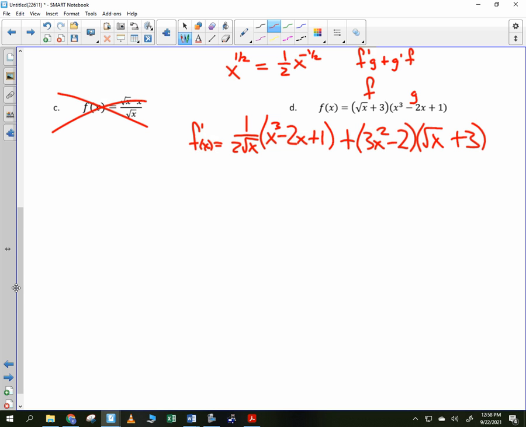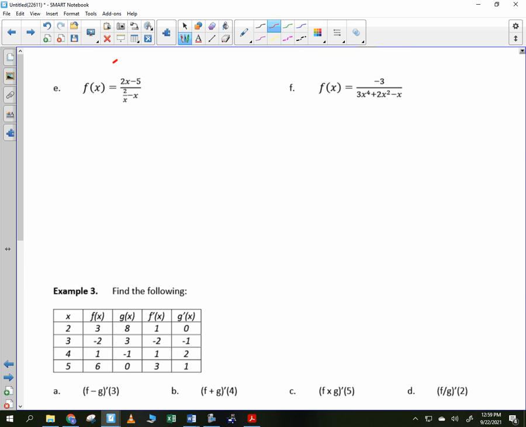Now, is it possible that we could combine some terms together? Possible, but we're not going to worry about that right now. We want to get you used to the order of operations of the product rule and the quotient rule. Okay, leave it. You good? Okay, flip it over. Look at F, excuse me. F, product rule or quotient rule? Quotient rule.